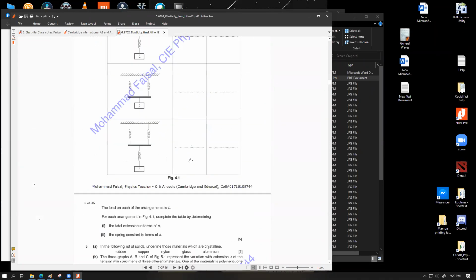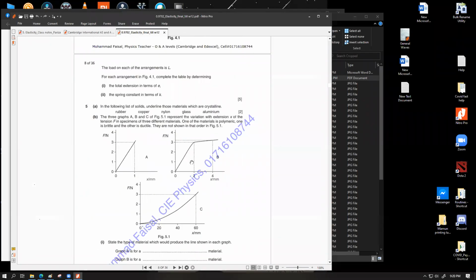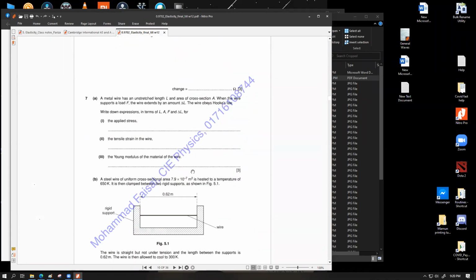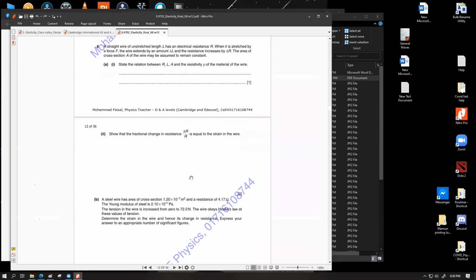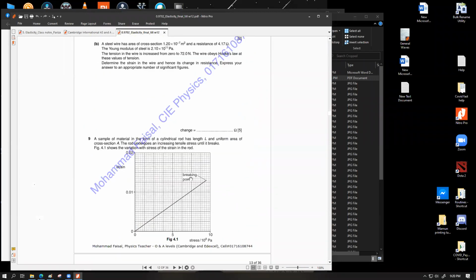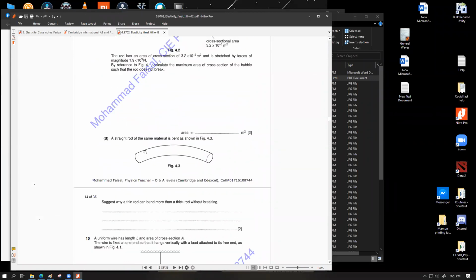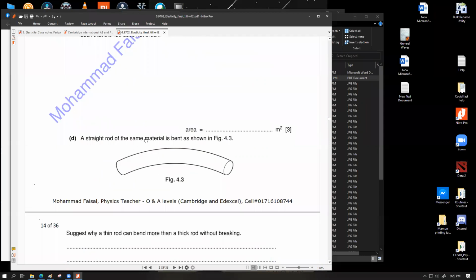এখানে কোথায় যেন ছিল এই কোশ্চেনটা, এই যে। 2 নাম্বার কোশ্চেনটা পড়ো। Take a look at these two parts.